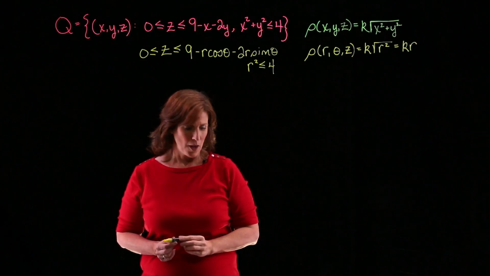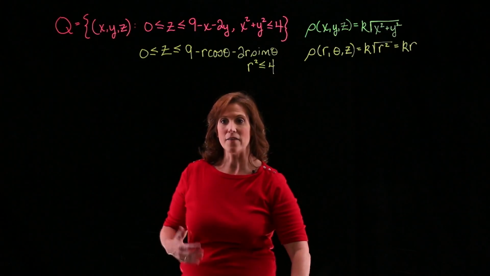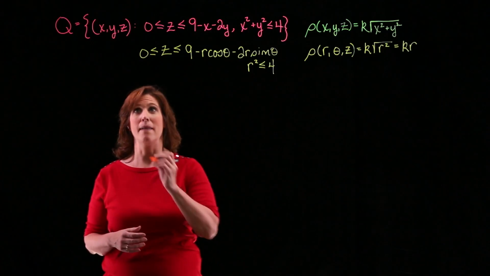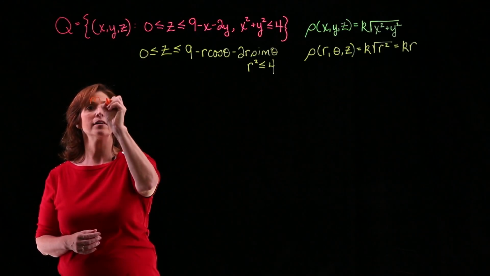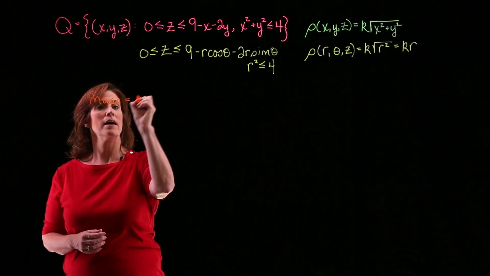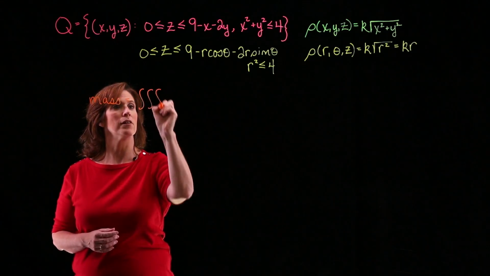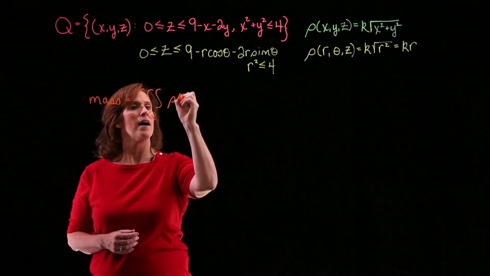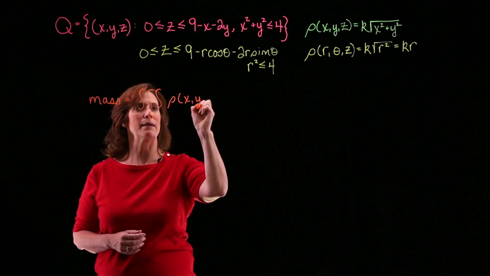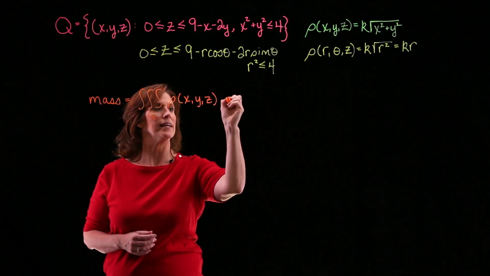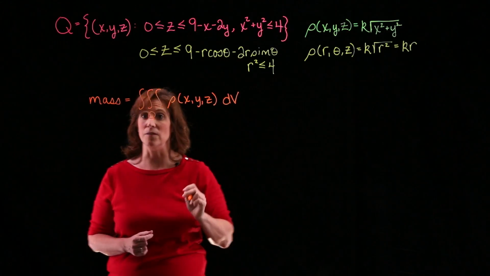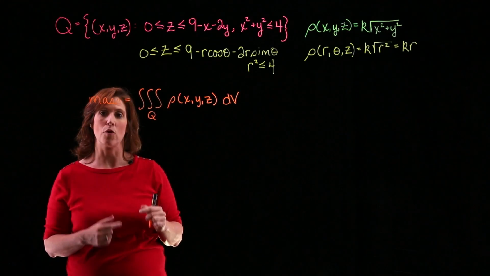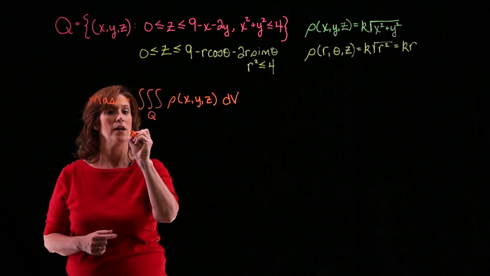Okay, so now that I have everything converted to cylindrical form, let's take a look at the mass. I know that I can calculate the mass by using the triple integral over a solid of the density function, and again, I'm still working in x, y, and z, times dV. That's my basic formula. But again, I want to switch this so that I'm working with cylindrical coordinates.